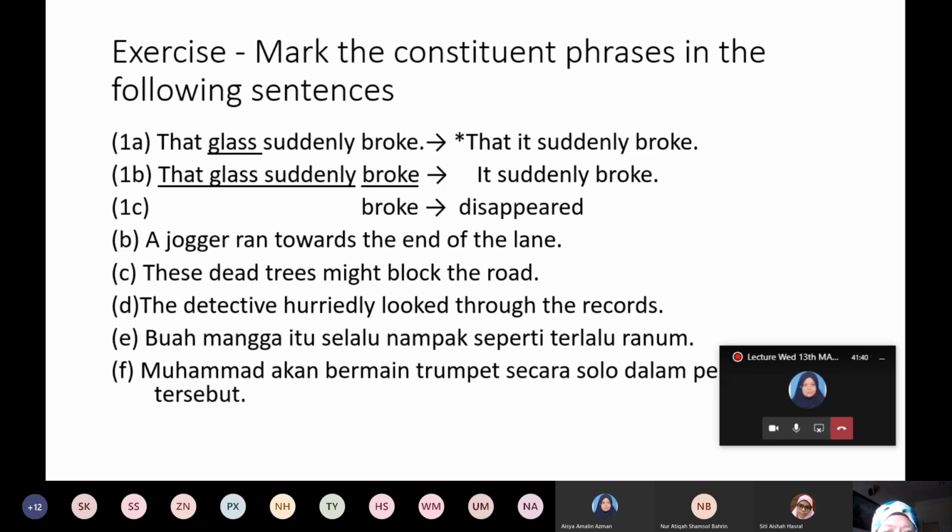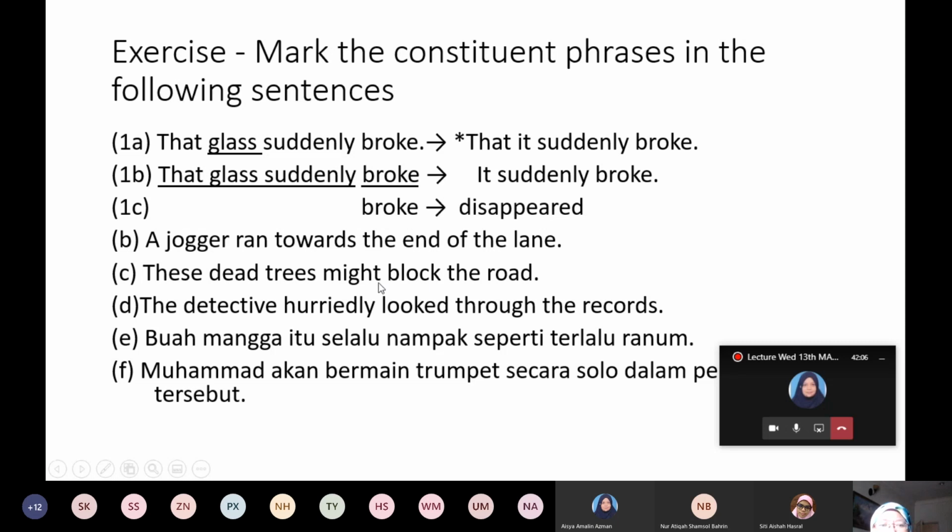So in actual fact, if we go back to your answer of three constituents, you can actually say might is one constituent and is an auxiliary, but it's closer to block because auxiliary kerja dia memang nak menerangkan kata kerja. So auxiliary modifies or explains about the verb.